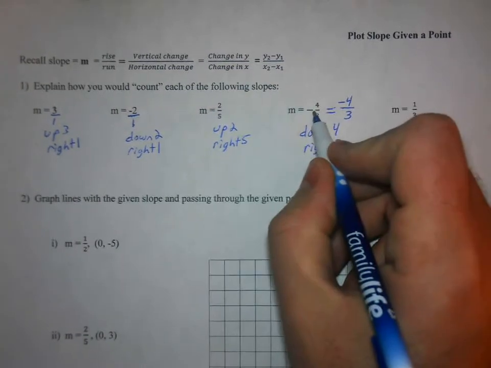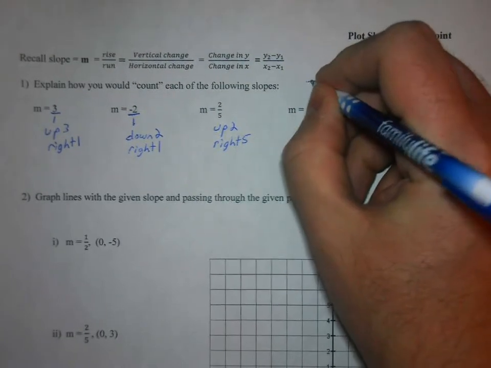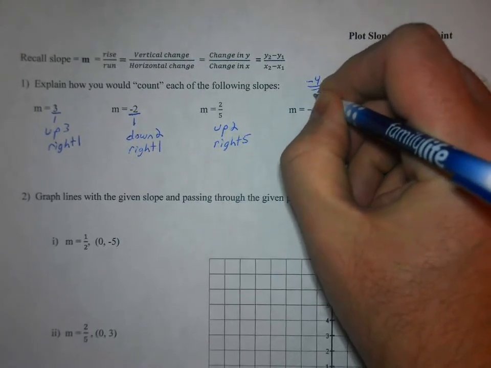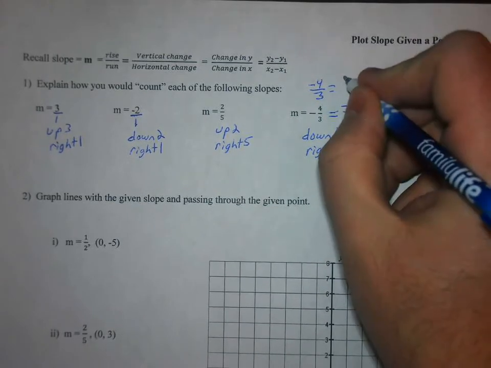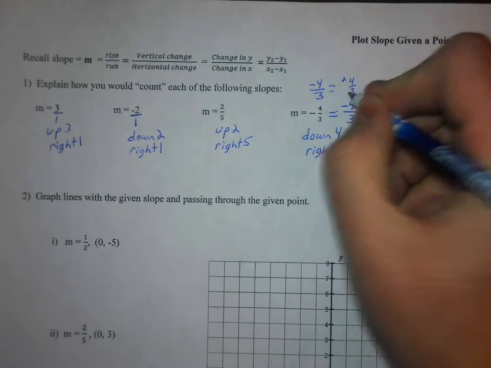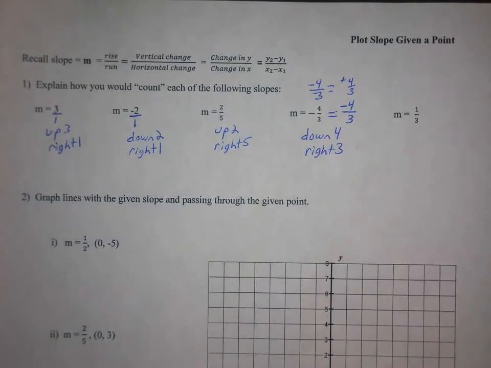The reason that negative doesn't go with both the 4 and the 3: if you were to write -4 over -3, what is a negative divided by a negative? It'd be a positive 4/3, which is not the same thing as -4/3. That'd be like saying +2 is the same thing as -2, and it's not.